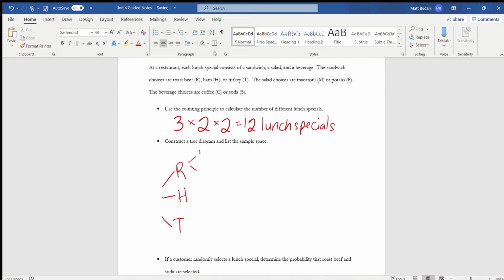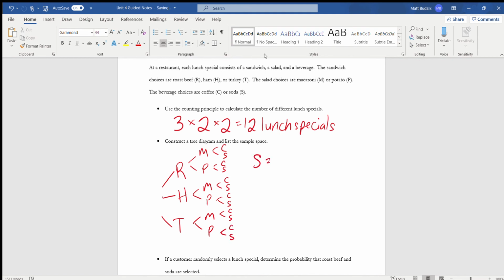So we have to build off of both branches there, or all 3 branches. So they're going to have 2 branches. And then last one, coffee or soda. So we have to build off of each branch of the salad. Coffee, soda, and then coffee, soda. Okay, so there's my tree diagram here.